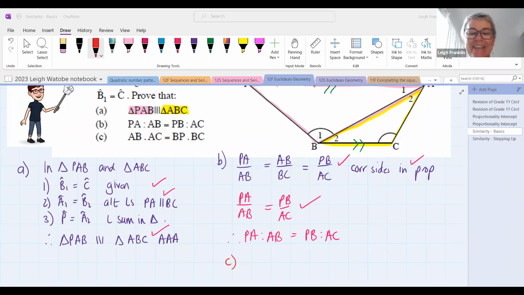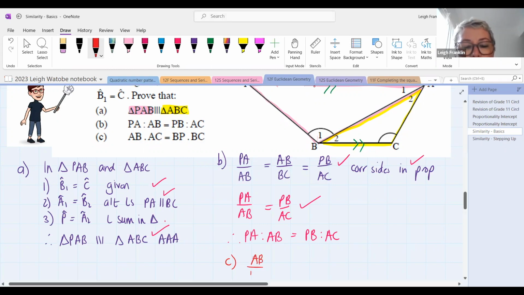Hi. Here they asked us to prove that AB times AC equals BP times BC. So what I had done was I wrote AB over BC. Okay, all right, so that's the middle one. So William's getting that from the middle here, guys. Is equal to PB over AC.